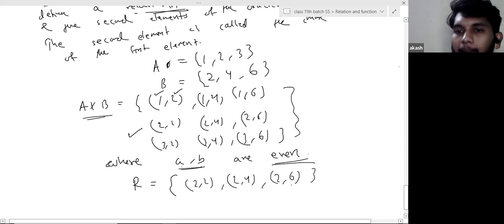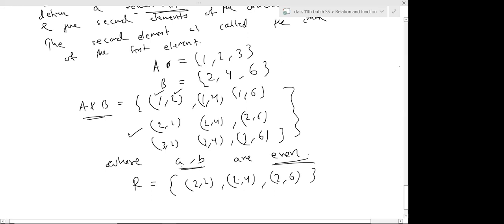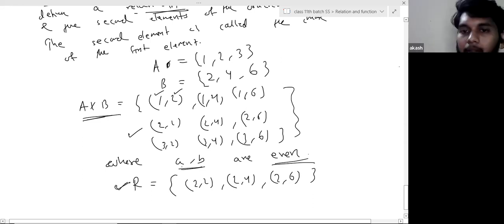Fahad, Arnav, this is clear? Yes, sir. We can see that this R is a subset of A cross B, and all the elements present in R are present in A cross B. And how did we calculate that subset?